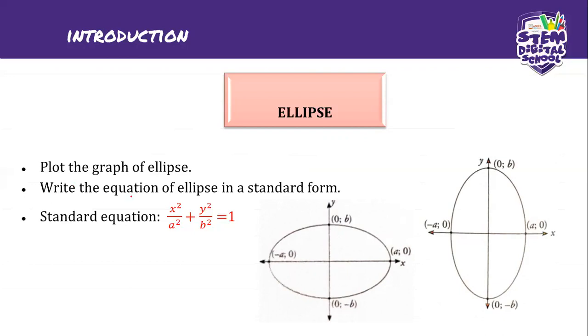To write the equation of an ellipse in the standard form. Which standard form? This one here, which is x squared over a squared plus y squared over b squared equals 1. Right?